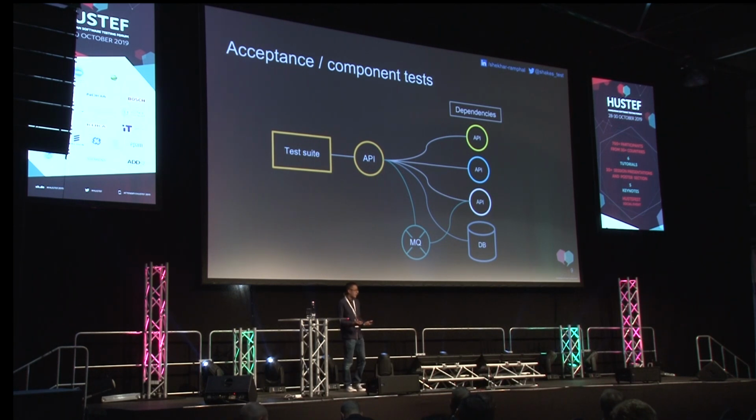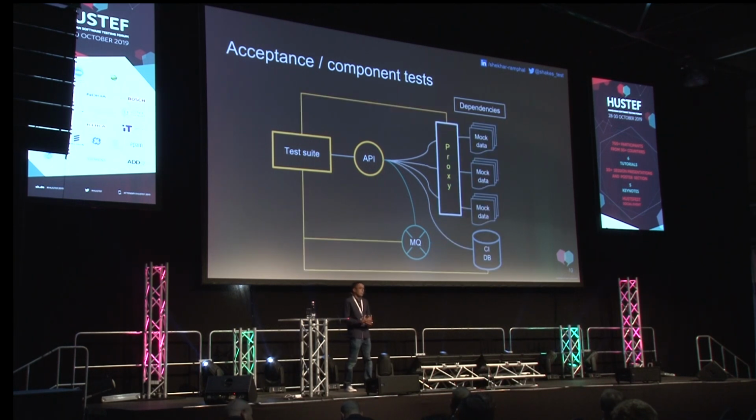We're trying to isolate the API under test, and the way we do that is with a proxy. For the proxy we just use a Docker container from James D. Bloom, MockServer. For those who don't know what a proxy is, it intercepts any network traffic and replays whatever you want.